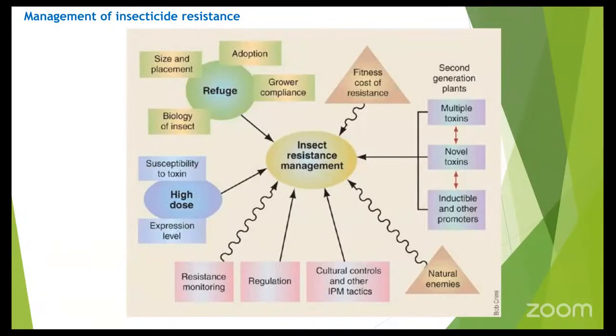So how do you manage insecticide resistance? You know you have so many reasons, so many other factors conducive to rapid development of resistance, and also the mechanisms that are involved in insecticide resistance and the genetic basis of resistance. So how to manage all of this?